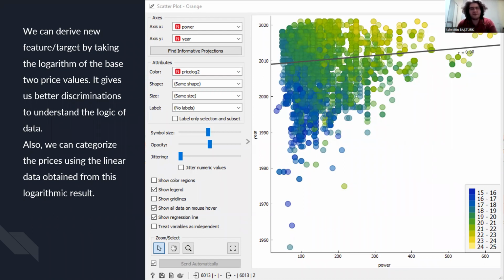We take base two because it's easy to read the logic of the data, and also we can categorize the price using the linear data from these logarithmic results.